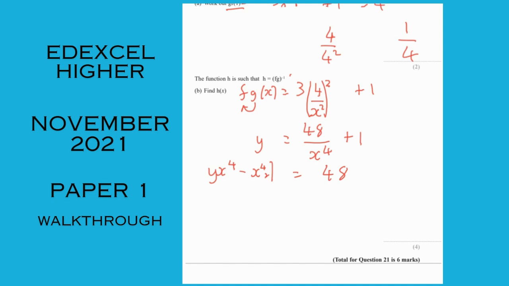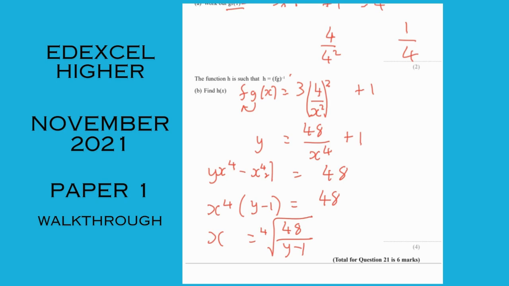Let's factorise out the x to the 4. We're left with y minus 1. And we can now divide both sides by y minus 1, while at the same time taking the 4th root. We're done.